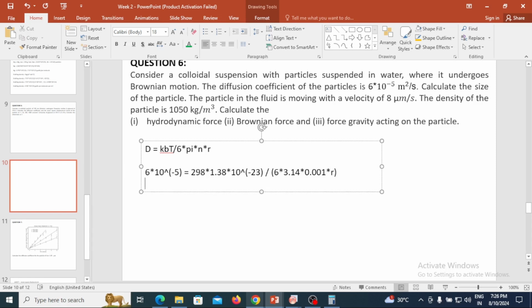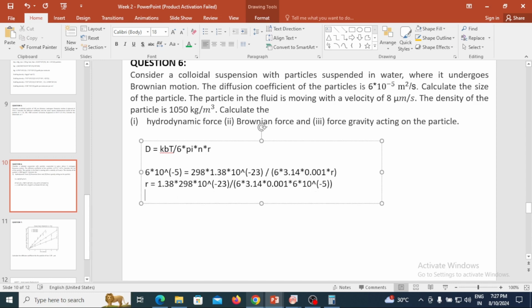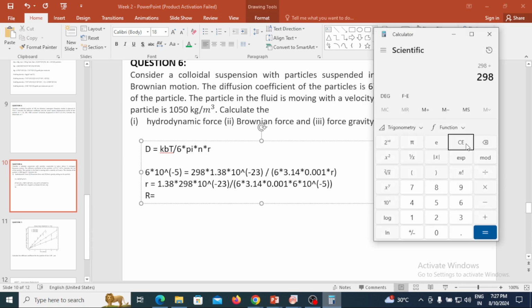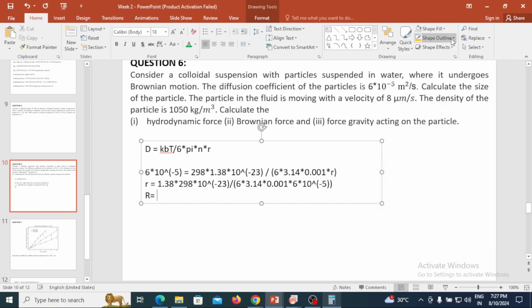So taking R in the denominator to the LHS side and then bringing that D to your RHS, you will be getting the value of R. Let's just calculate. $411.24.